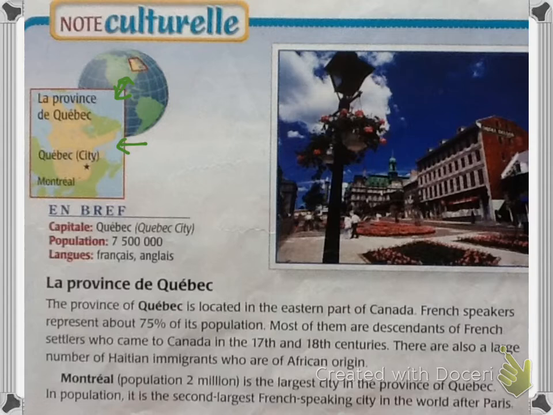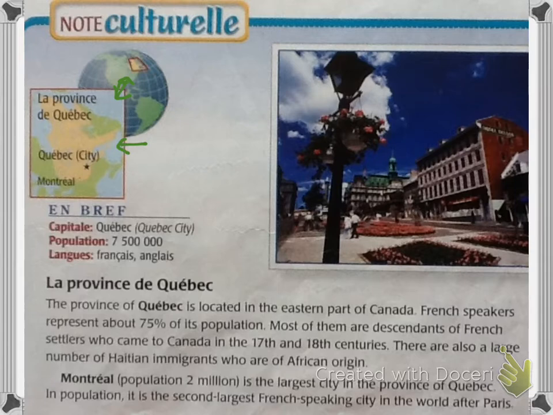En bref, capitale, Quebec, Quebec City. Population, 7,500,000. Langue, français, anglais. So this is telling you about, in brief, that the capital is Quebec, the population is 7,500,000 people, and the languages are French and English.